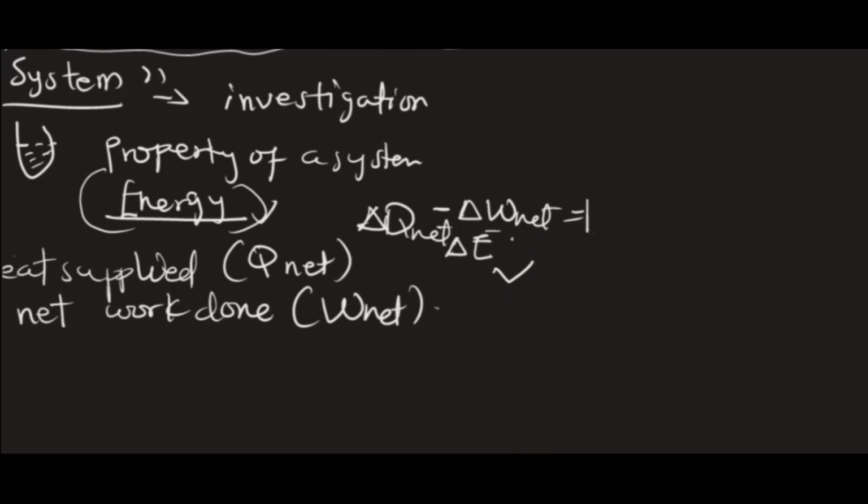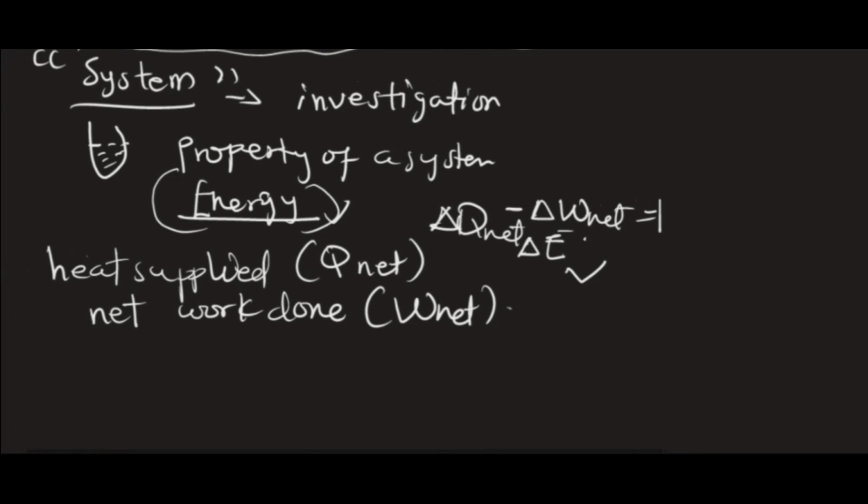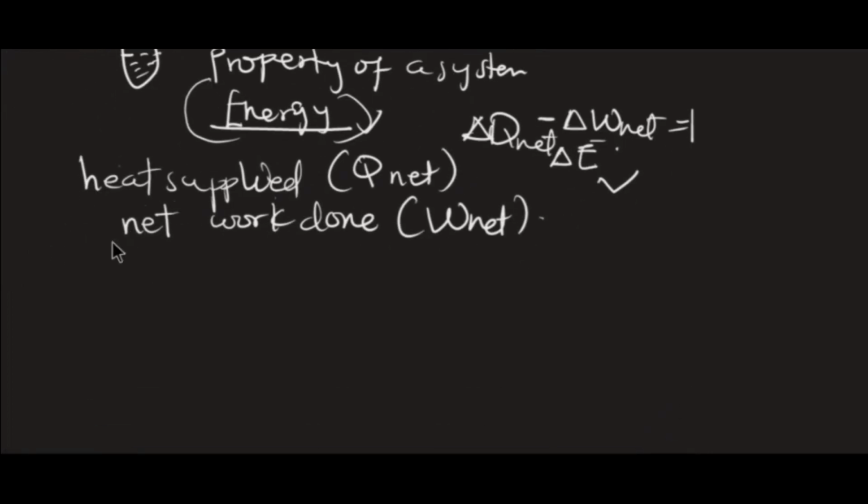So let's see. For a closed system, generally, a closed system will not have matter being exchanged with its surroundings. Whenever you have a system, it will have a boundary. Then the boundary is going to set the system away from its surroundings.